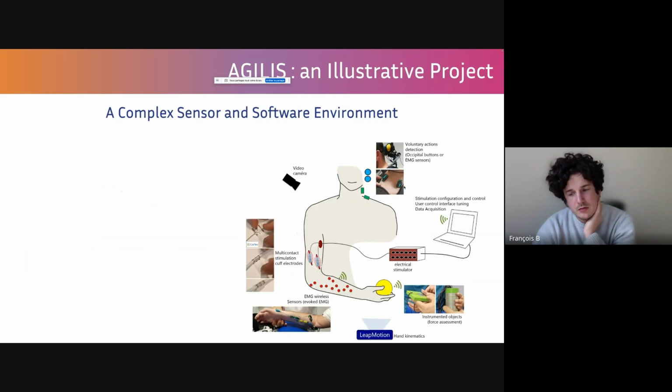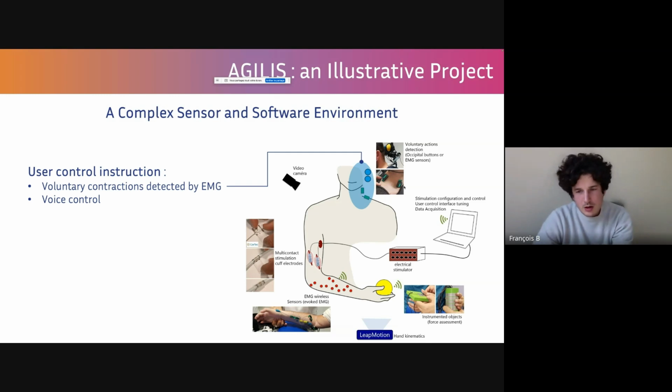From a biomechanics and robotics perspective, the project, beside the clinical application, is also a complex sensor and software environment, because we have a lot of things going on. First, there is the question of how the user controls the neuroprosthetics. For that we have several sensors that can be used, like voice control or voluntary contraction detected by electromyography.